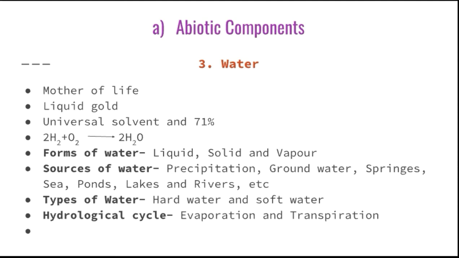Second, the solid state. The solid state of water is called ice. When the temperature of water drops below 0 degrees Celsius, water freezes to become ice. The last, third form of water is the vapor state, which means the gaseous state.